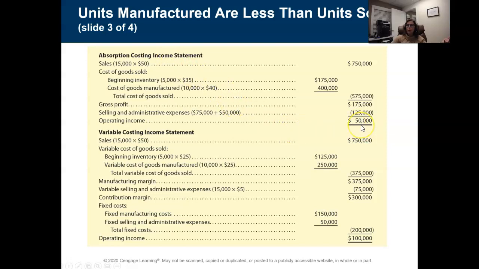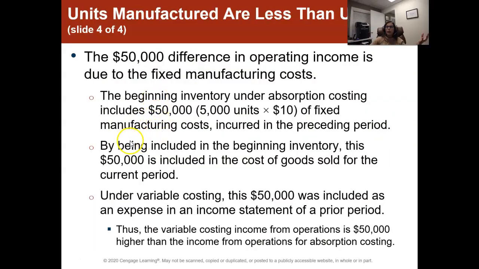So up here we've got the absorption costing at the top with a 50,000 operating income and a variable costing of 100,000. But as I said, the variable costing is just a tool for management, not something you would see on the financial statements. And this kind of reiterates what I just said a second ago.